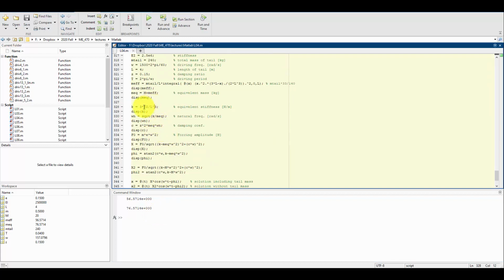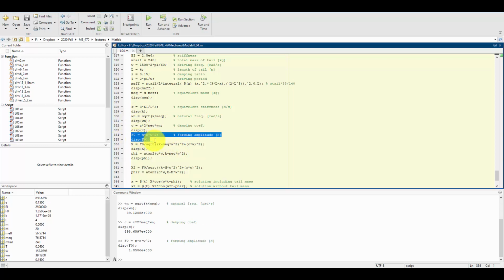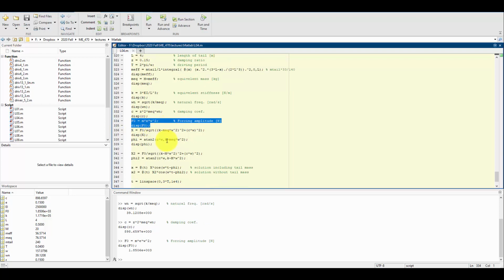I get that 117,000 to 3 digits of significance. Get the natural frequency, 39. Calculate that value of c, about 899. And my amplitude, 1850. Everything here is being shown in scientific notation. And the value of X that I calculated before, so 1.04 millimeters.